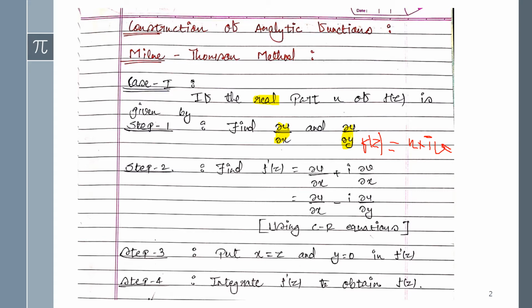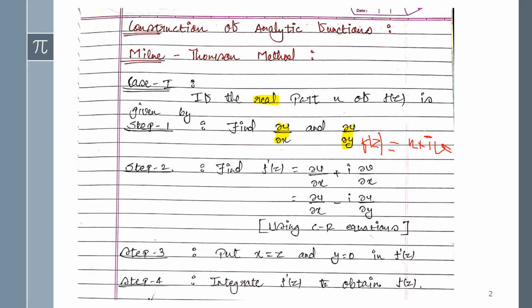In place of dv by dx, I am using the CR conditions. You have two CR conditions. I am speaking orally, so please listen carefully. u x equals v y, that is, del u by del x equals del v by del y. And the other is del u by del y equals minus del v by del x.